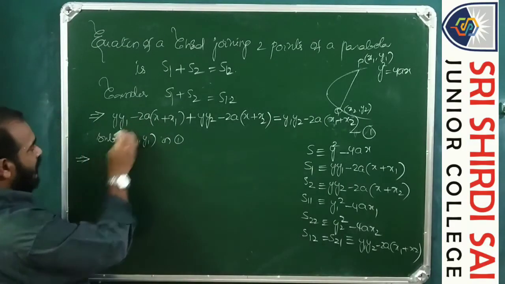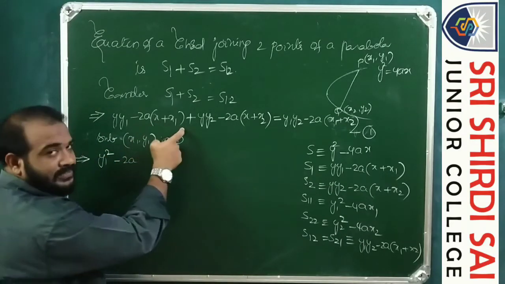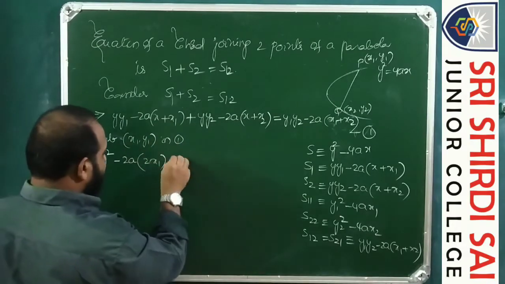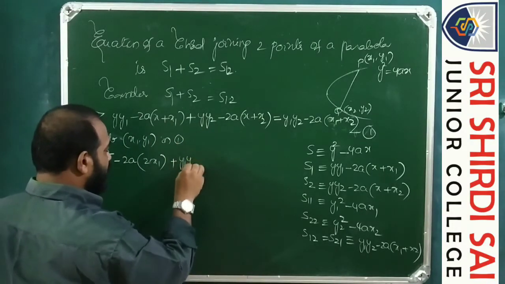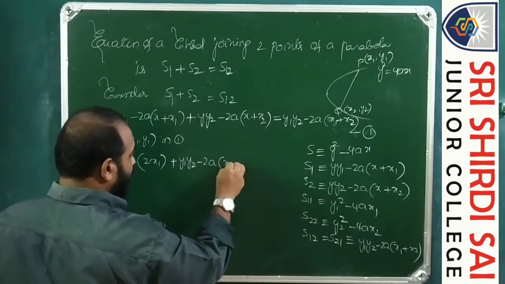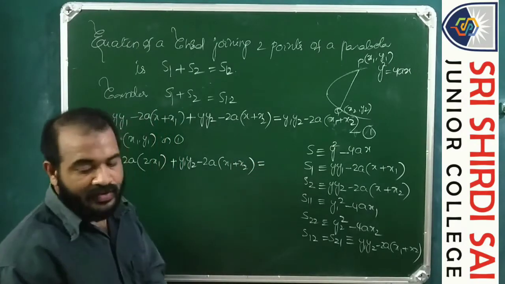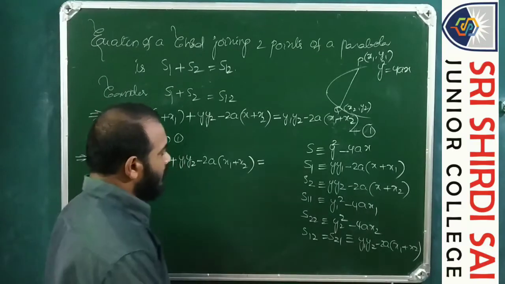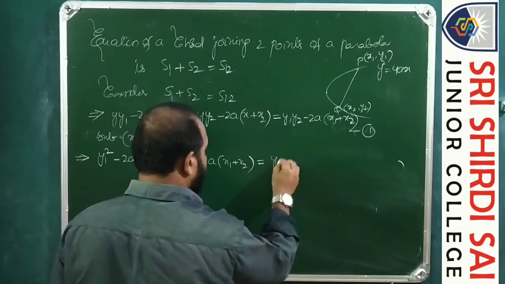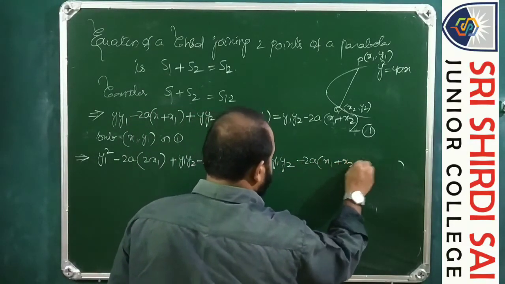In the same way, here y1 square minus 2a into x1 plus x1, that is 2x1, plus y1 y2 minus 2a into x1 plus x2 is equal to y1 y2 minus 2a into x1 plus x2.